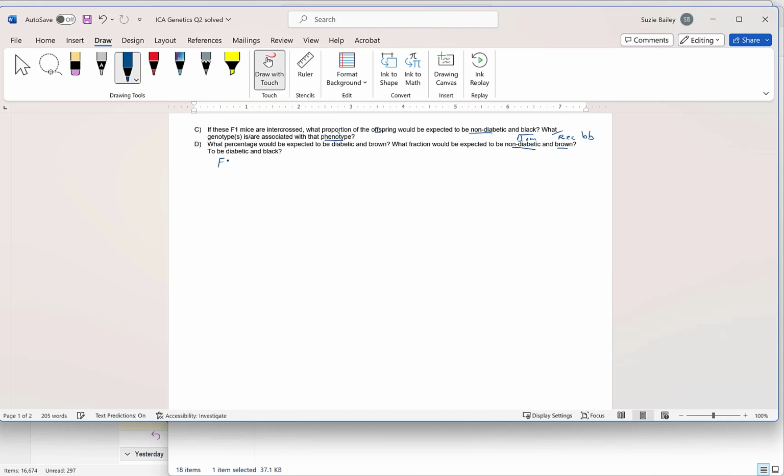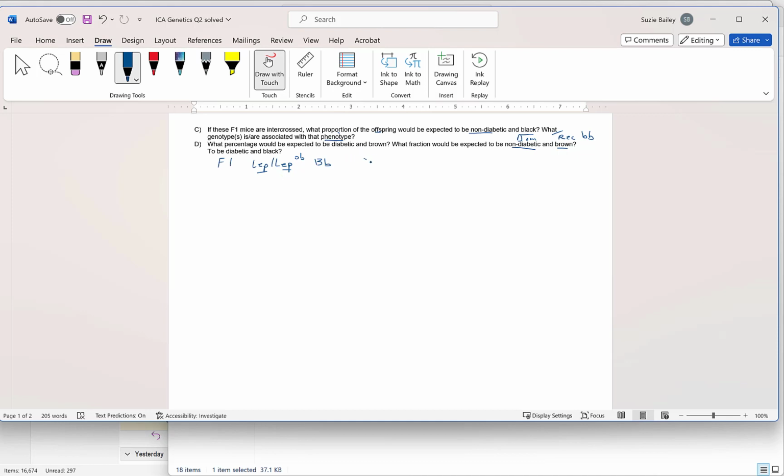So again, our F1s, let's just write our genotype so we don't forget. They are heterozygous at the leptin gene, one wild type allele, one mutant allele, and heterozygous at the B gene. So both of the F1s that we're crossing against each other are going to have the same genotype.